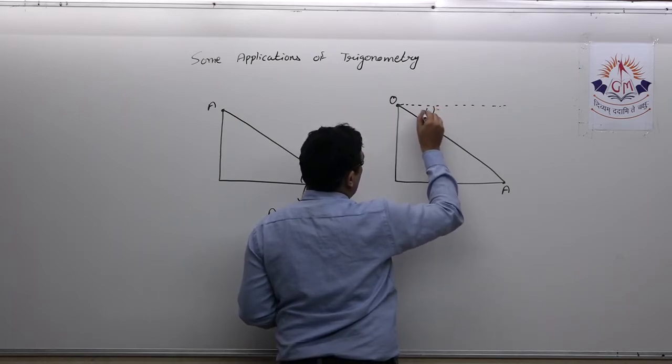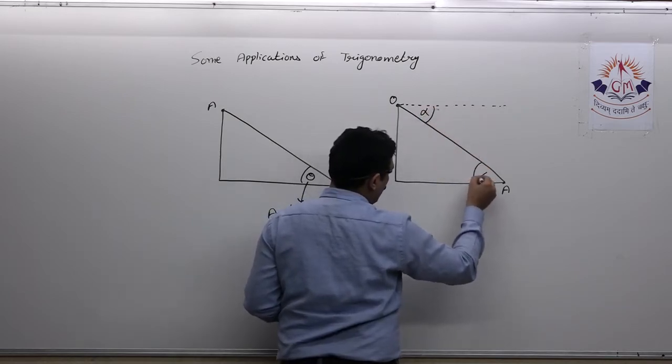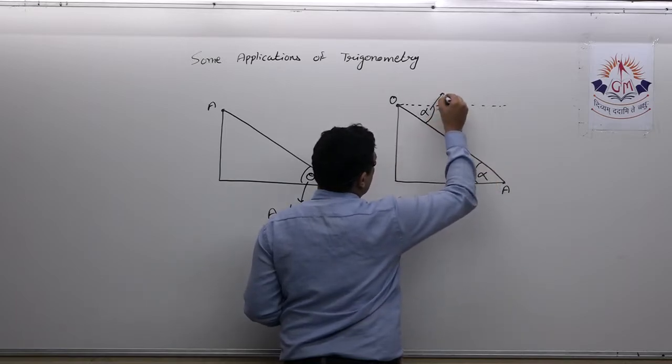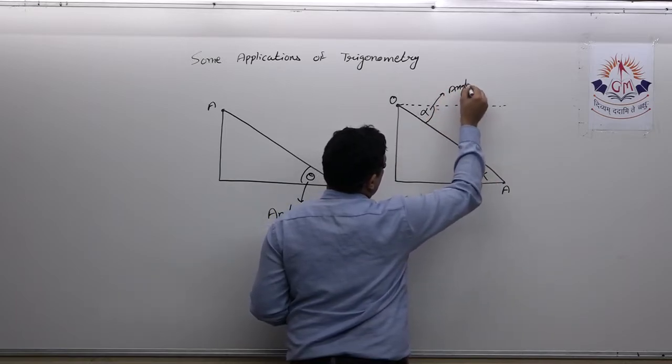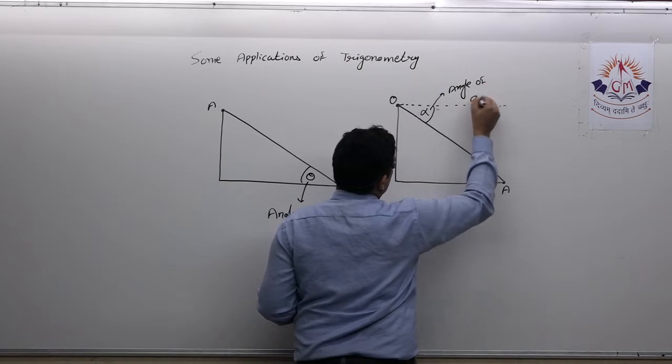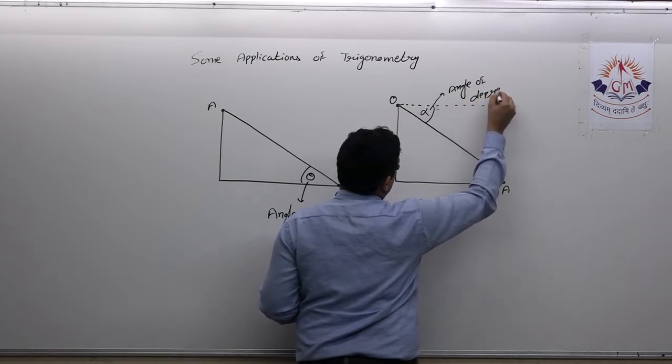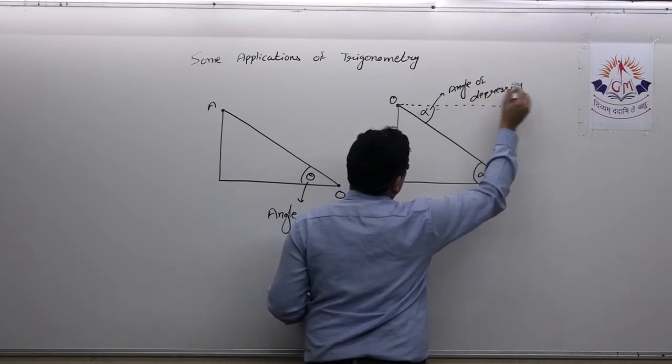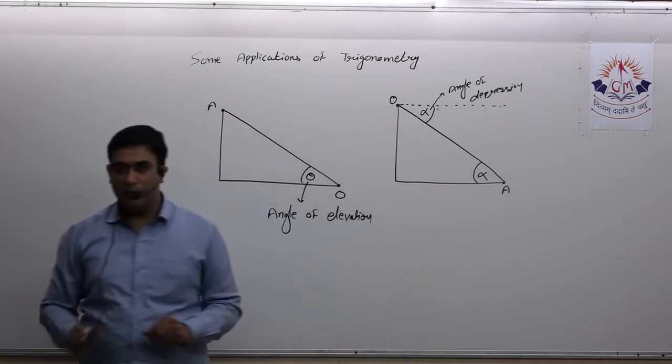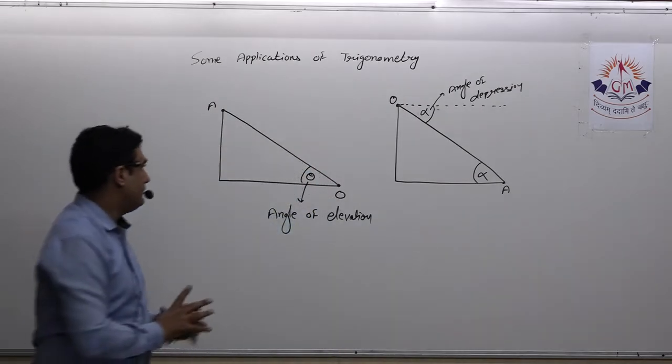I am saying this is alpha, and with the help of geometry I can say this is also alpha. So this is the angle of depression. Okay, that is two things you have to understand: angle of depression, angle of elevation.